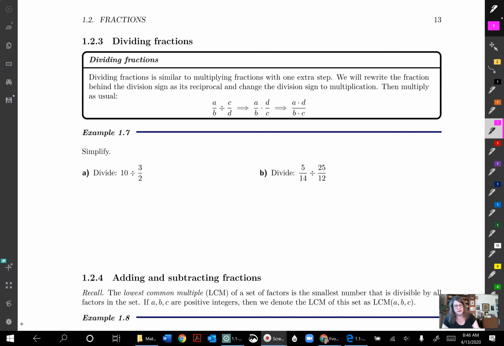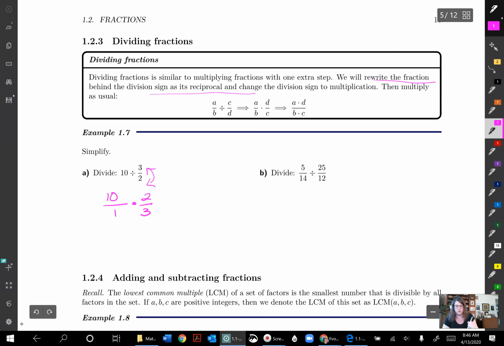For dividing fractions, we are going to rewrite the fraction that comes after the division sign as the reciprocal. So we keep the first factor as is, 10, and we can write it as 10 over 1. We change the division sign, and then we flip around the second factor to be 2/3.